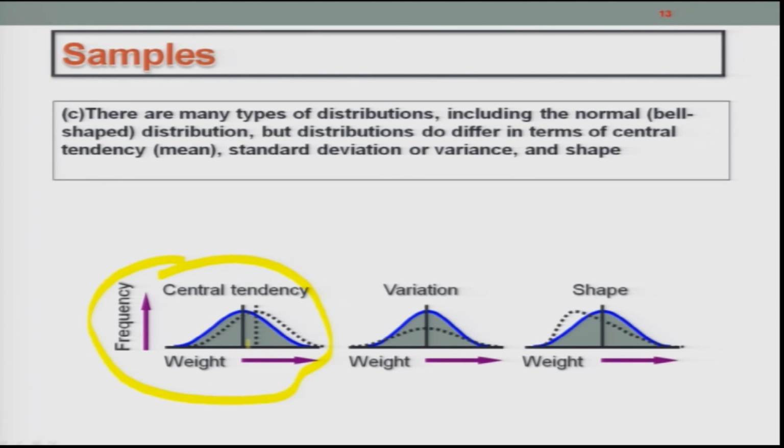Now, if the central tendency shifts to the right or to the left, depending on in which direction the movement is, the dotted lines over which the electronic pointer is now pointing is the new distribution, and it has shifted from the bold line to the dotted vertical line.